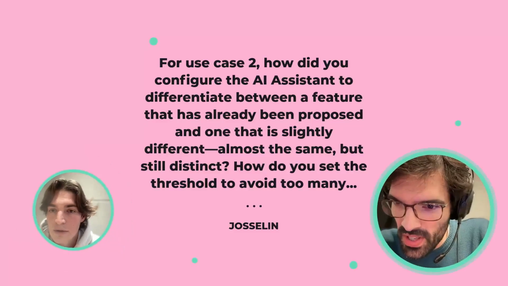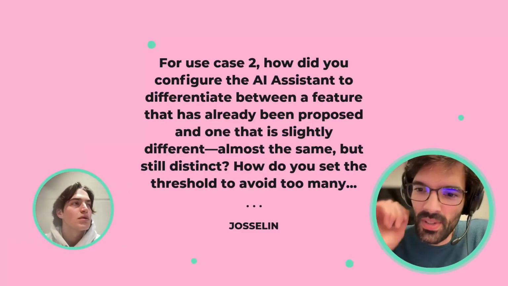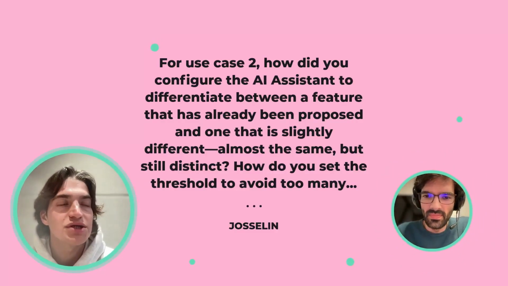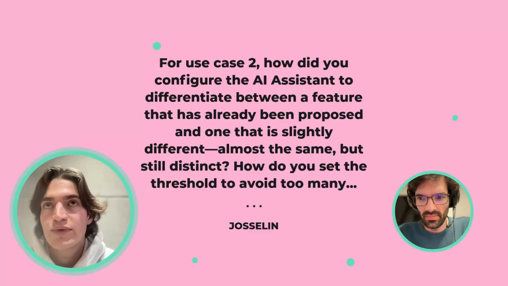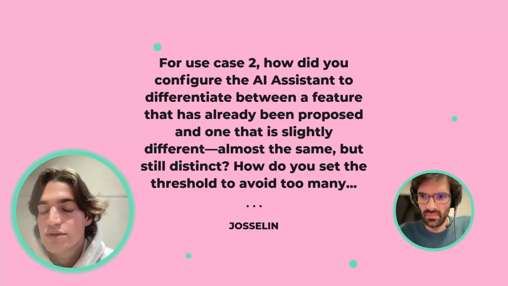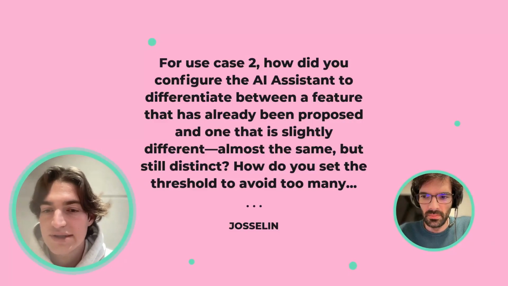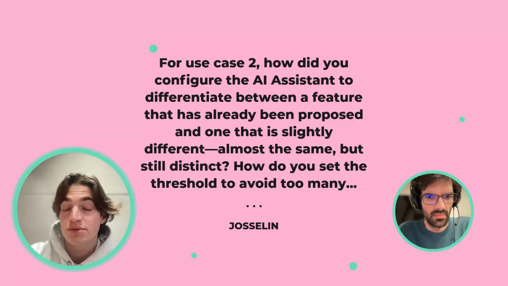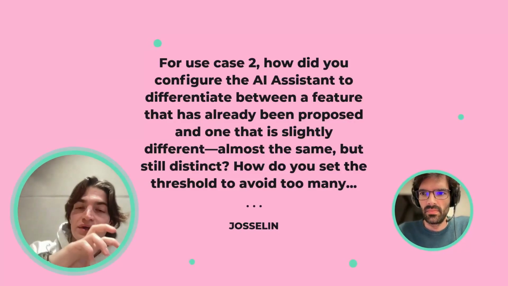And the second question was, how do you set the threshold to avoid too many duplicates while still retaining valuable information? Okay, there is no threshold at all. When we communicate on it internally, we say you should share the feedback that you feel is the most relevant. On the Notion tables, basically, how does it work? We have items connected to a parent item.